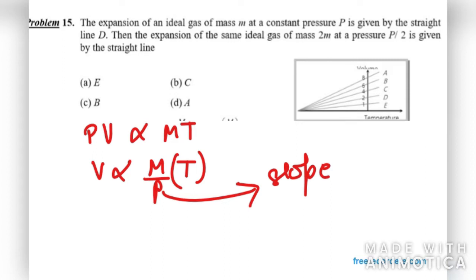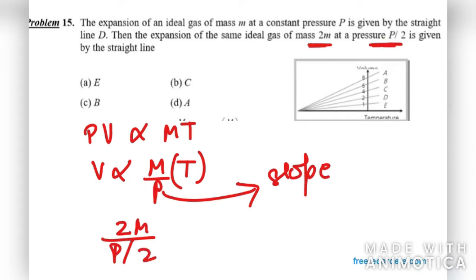Now, for the first condition, the slope m over P graph is D in this case. As you can see, here we have 5 different curves, that is A, B, C, D and E. So we need to talk about D. For the first condition, the slope is m over P. Now for the second condition, m will be replaced by 2m and P will be replaced by P by 2, as given in the question.